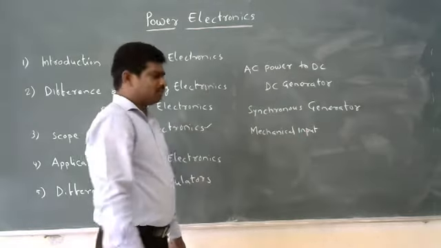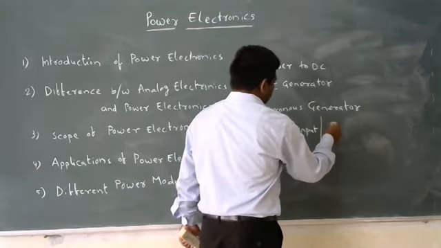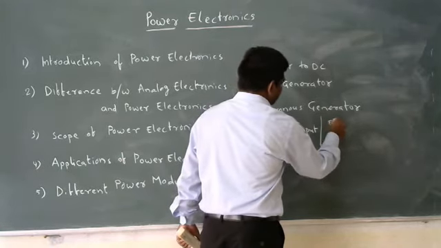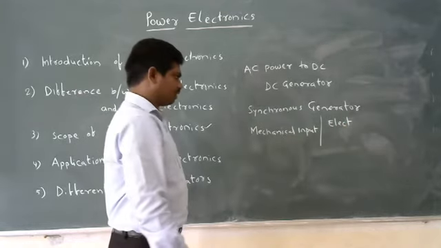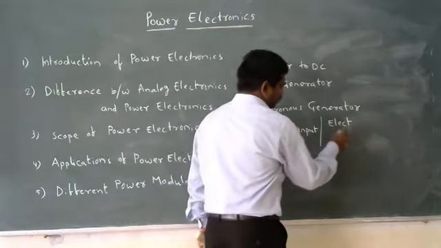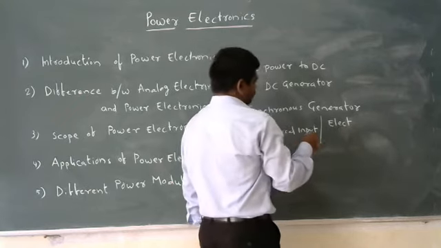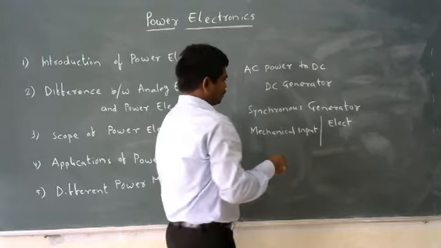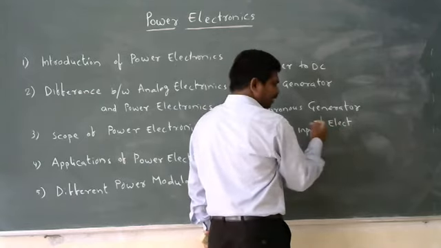The second one is electrical input, in the sense of exciting the field winding. We need to supply DC power to the field winding of the generator. For that, we need to give a DC supply. So how do we get the DC supply?